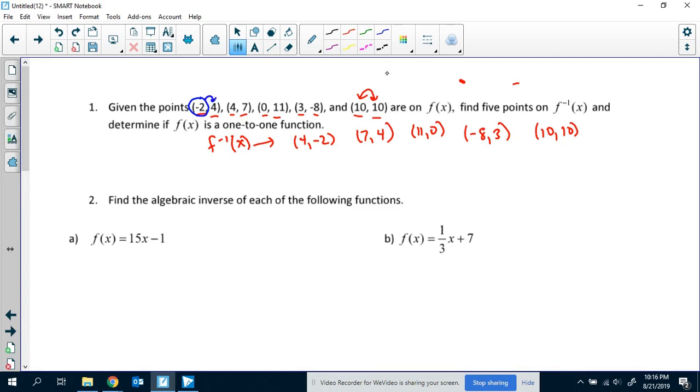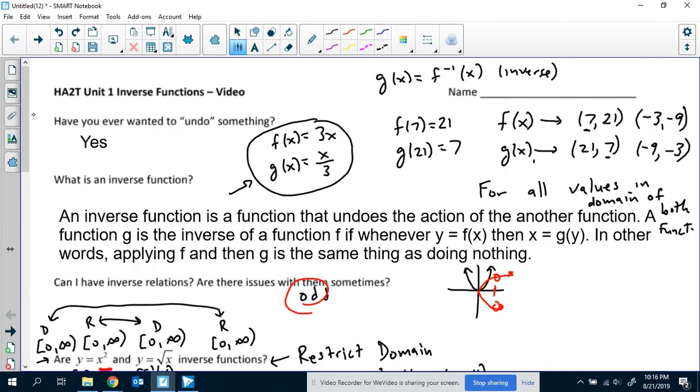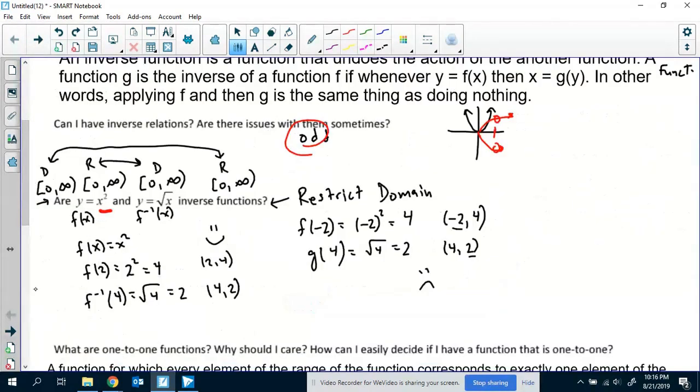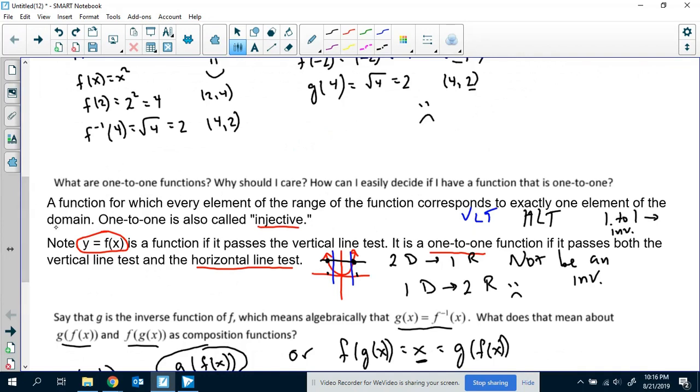So that's not something I wrote yet, but that might be something you want to go back to the one-to-one thing and make a note of, is that every x value has its own special y value. Okay, that means that it doesn't share any y values.